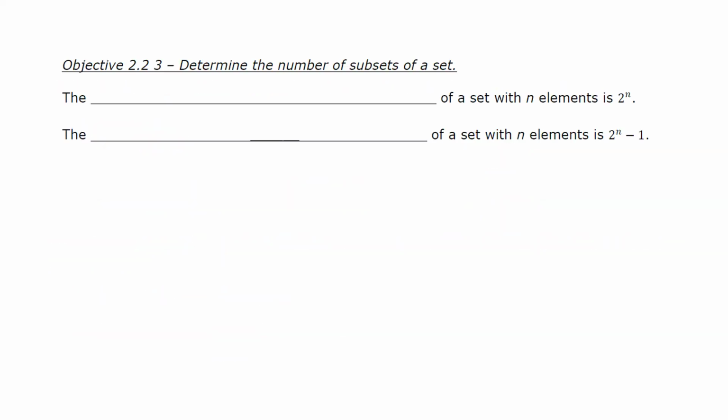Objective 3, determine the number of subsets of a set. The number of distinct subsets of a set with n elements is 2 to the power n. And the number of distinct proper subsets of a set with n elements is 2 to the n minus 1.